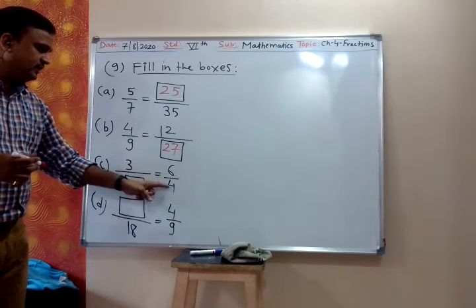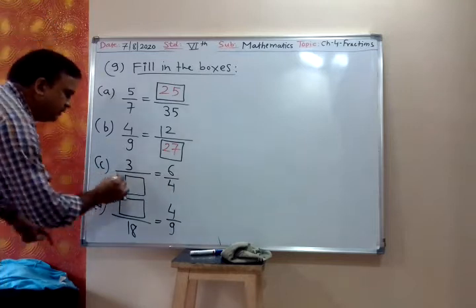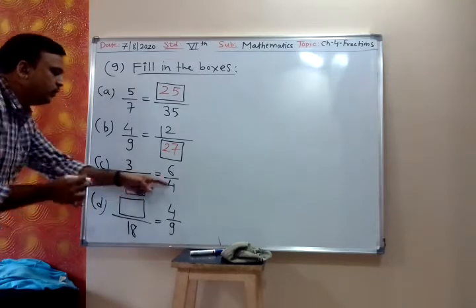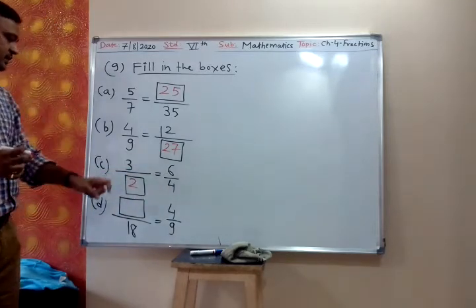So this we have got 4. This I want 2. 2 twos are 4. 3 twos are 6.